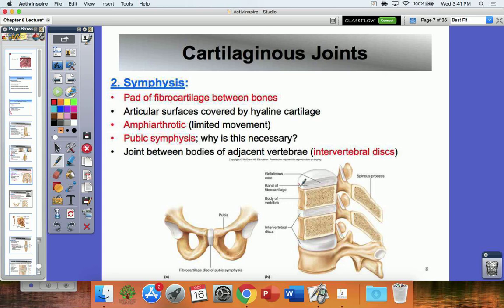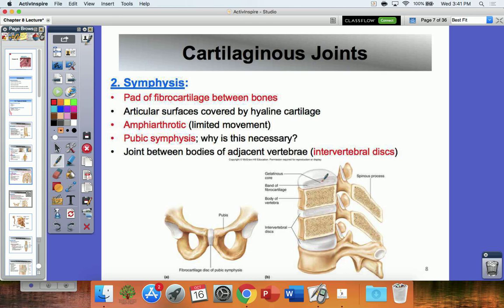And we also, between each vertebra, have this disc. You all probably have heard people say that they have a protruding disc, or something's wrong with their disc between the vertebrae.